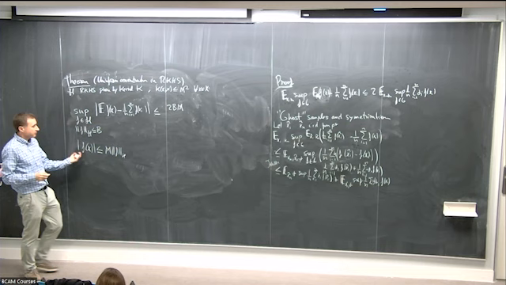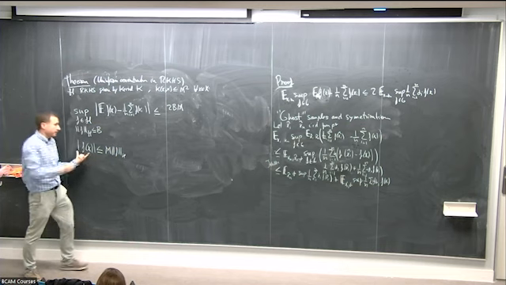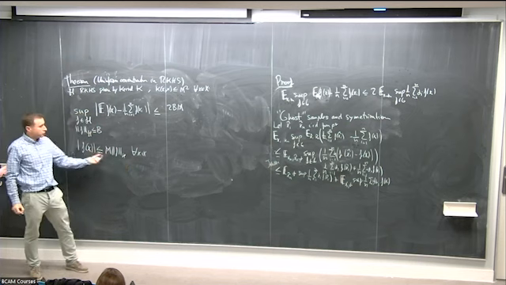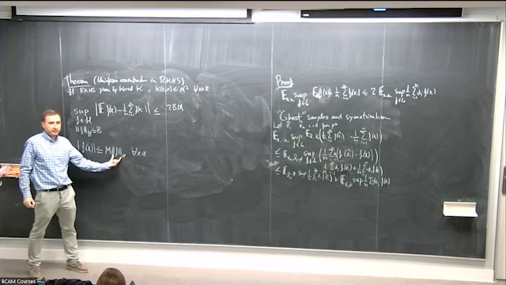So, for instance, the values at specific points can be controlled if we control the norm, but they will also depend on how big this thing is.